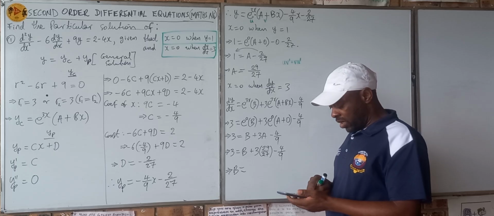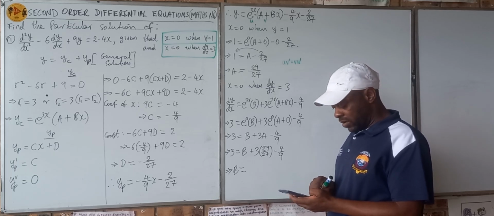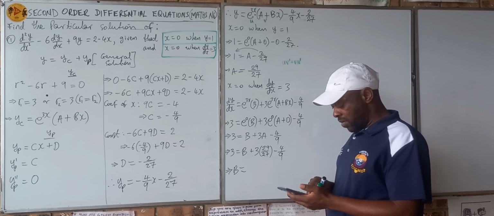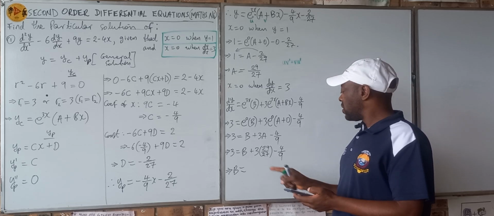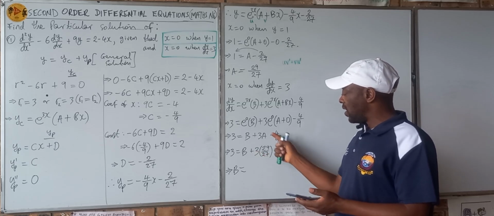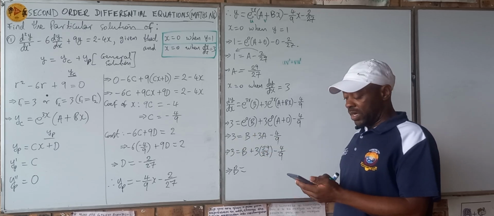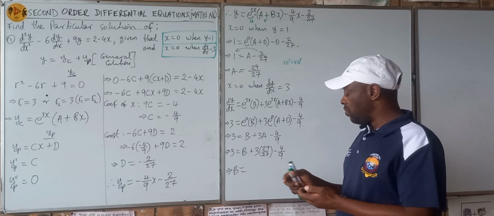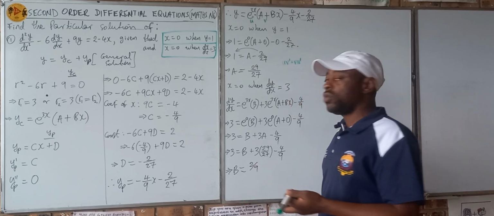So to get b, I'll get 3 plus 4 on 9, then minus 29 on 9. So that gives me b as 2 over 9. So my b is 2 over 9.